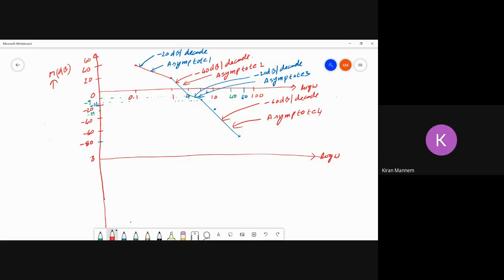Take 45 degree span. It would be minus 45. It depends on your values, and we have seen a few values for this.